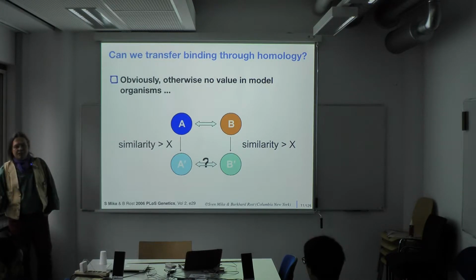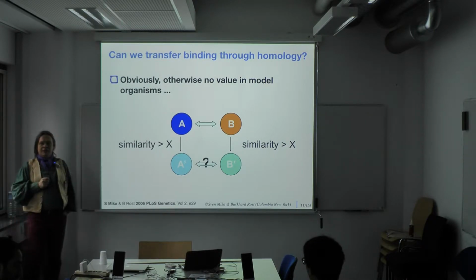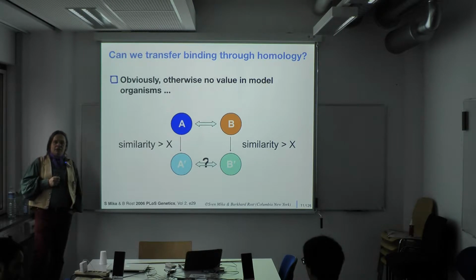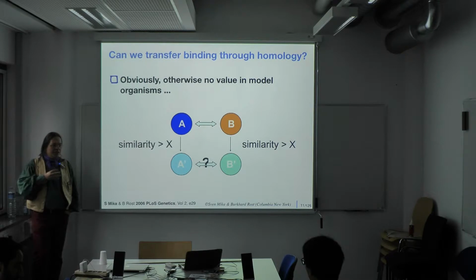And obviously the question is, can we transfer protein interactions through homology? So do proteins in different organisms interact the same way? In some sense, the answer is very obvious. You all know that we do interaction studies in yeast and mouse in order to probe human interactions, as I've told you. If the answer here were that we cannot do it at all, then all of that would be nonsense, all of that would be meaningless.